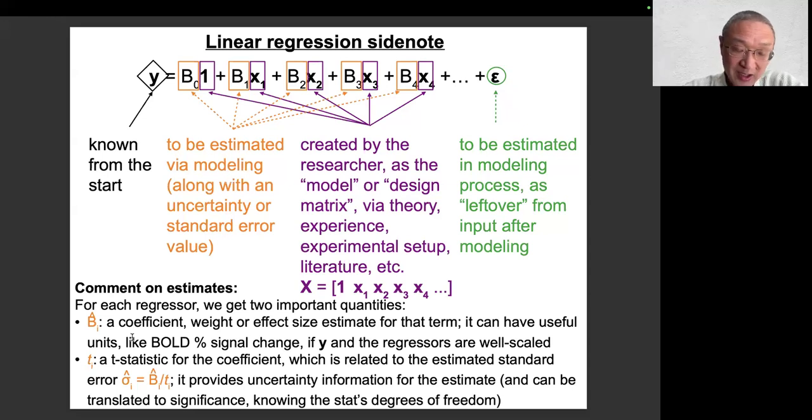We have the point estimate, then we have the t-statistic. The t-statistic is basically the point estimate, the beta estimate, divided by the standard error. The standard error is the uncertainty, or you can say the precision. Basically, how precise the estimate is is the reciprocal of the standard error. So the t-statistic value also tells us to some extent about the uncertainty of the point estimate.